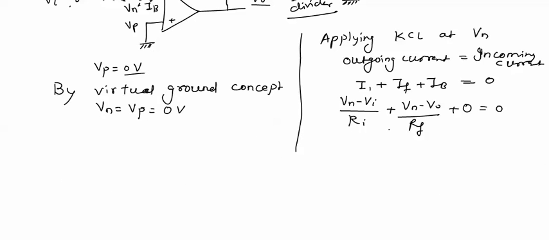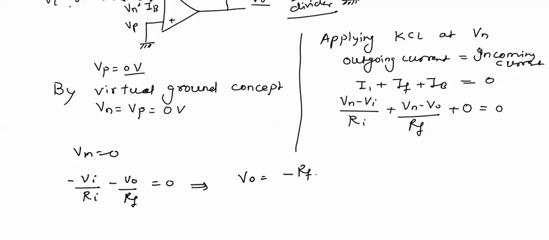Now solving this equation, Vn equal to 0 volt, so minus Vi by R1 minus V0 by Rf equal to 0. Solving this equation, we get V0 equal to minus Rf upon R1 into Vi.